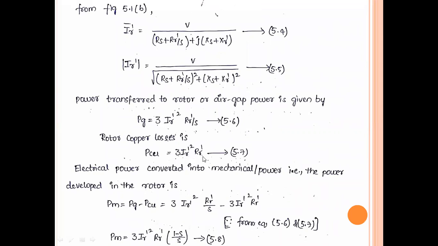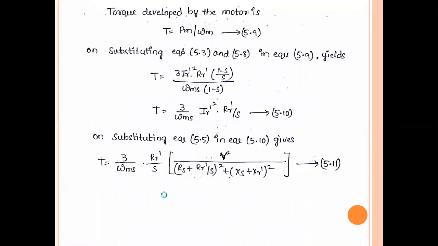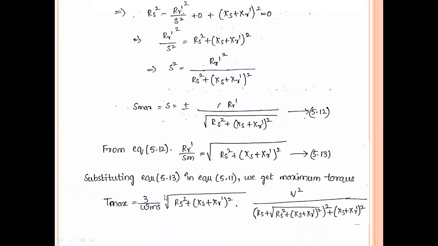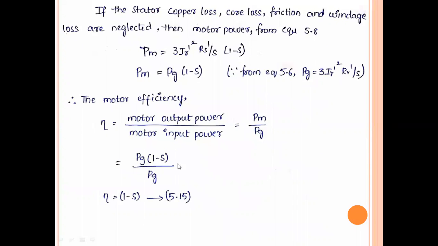So total power minus rotor copper losses gives the total power developed in the rotor. All other losses are neglected except rotor copper loss, the same condition I have taken here to estimate the efficiency.